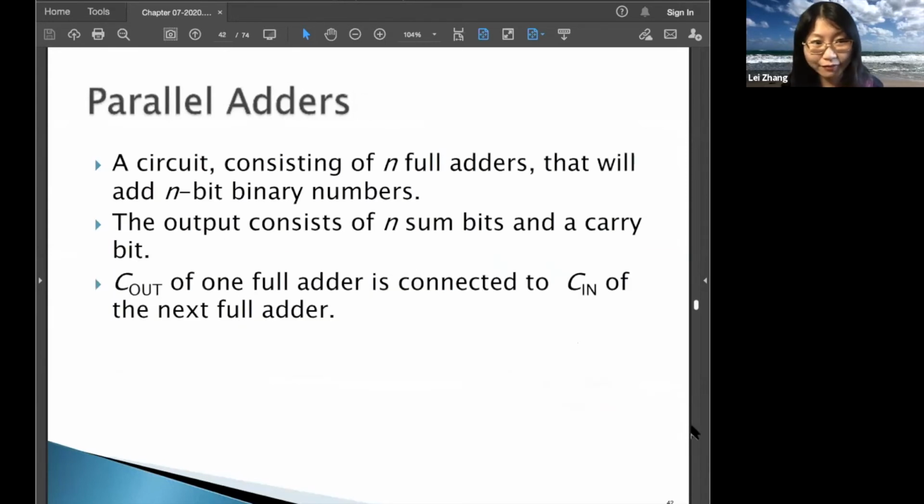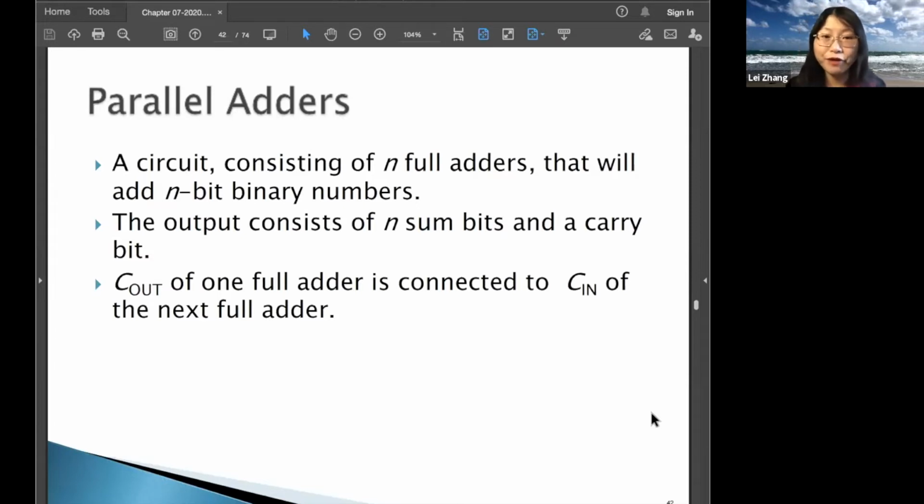And we have the parallel adders, which use multiple full adders for individual bits, and then repeat that to make them work in parallel, connected in parallel. So we have multiple bits added together.